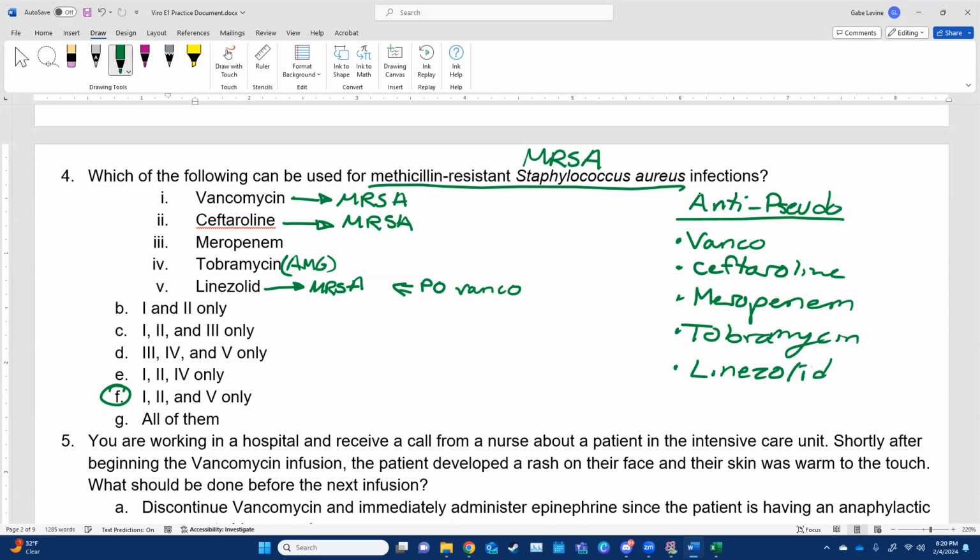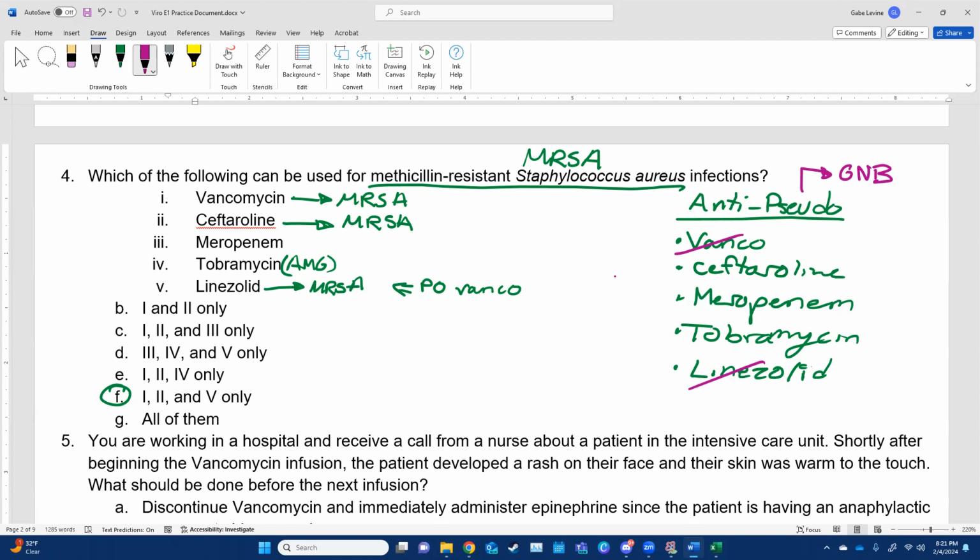So what can we get rid of right away? Actually, first of all, what is Pseudomonas? Gram negative or gram positive? Gram negative. So with that in mind, what can we get rid of right away? What do we know is not going to cover gram negative at all? Vanco and linezolid, right? Because linezolid is an improved version of Vanco.